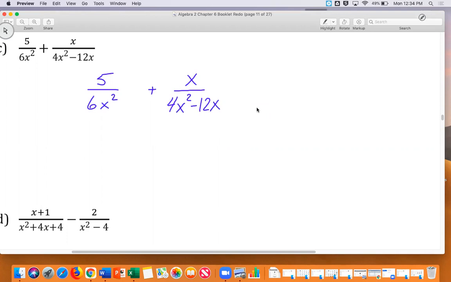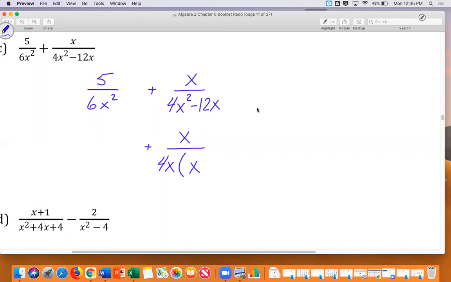You want to factor whatever you can to see what's different. So on the right, notice it's 4x squared minus 12x. What I'm going to do is factor out the greatest common factor of 4x, because they both share an x and 4 goes into both of them. So 4x squared divided by 4x is x.